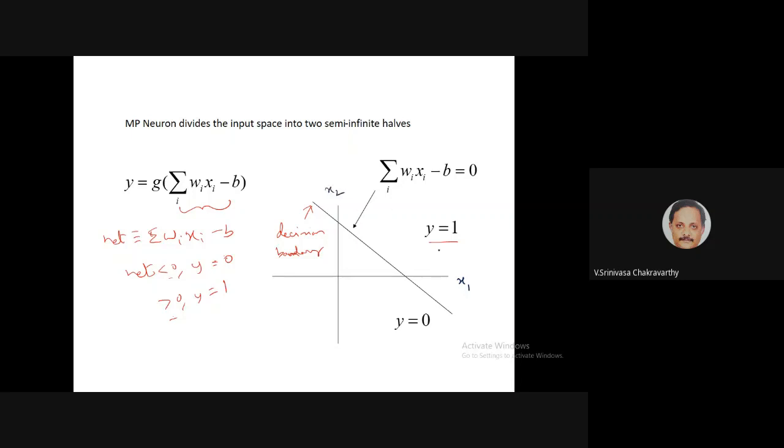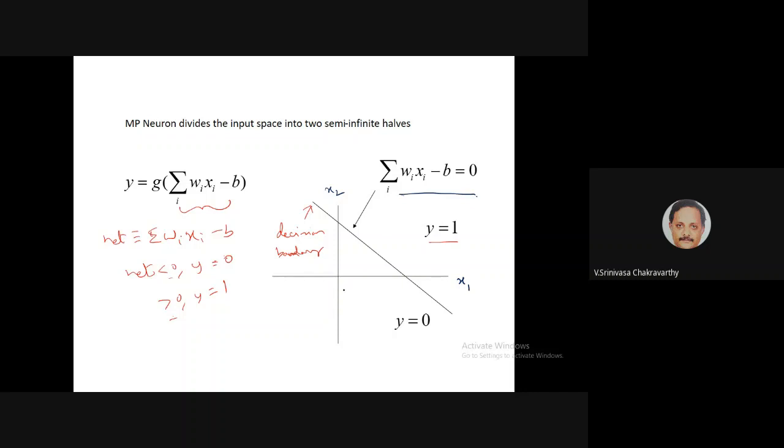For some points y is 1, some other points y is 0. If you ask what is the border between the y equal to 1 region and the y equal to 0 region, that has to be the place where the argument is 0. So if argument is 0, that becomes a straight line. This straight line separates all the points where y equal to 1 and points where y equal to 0.